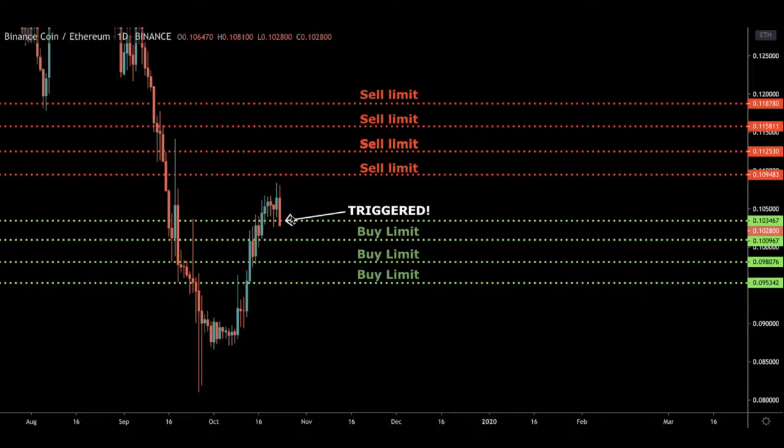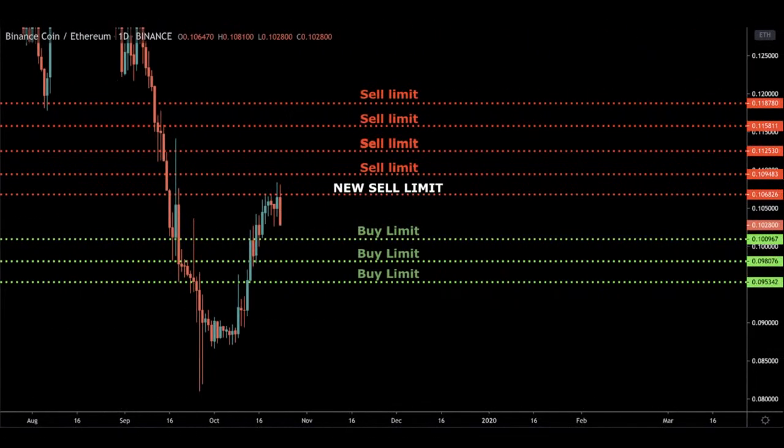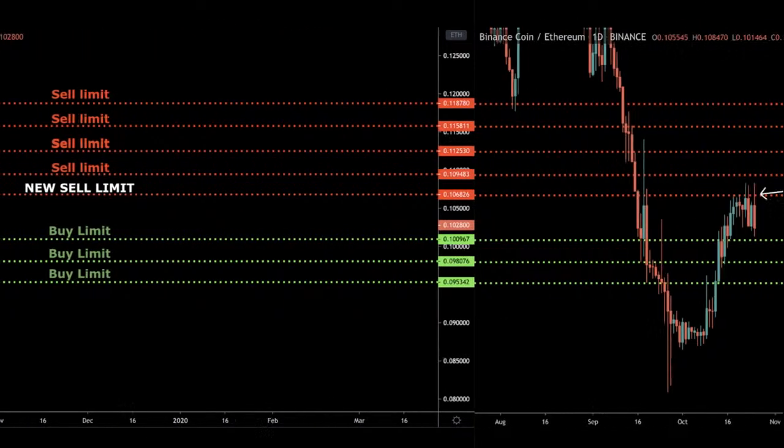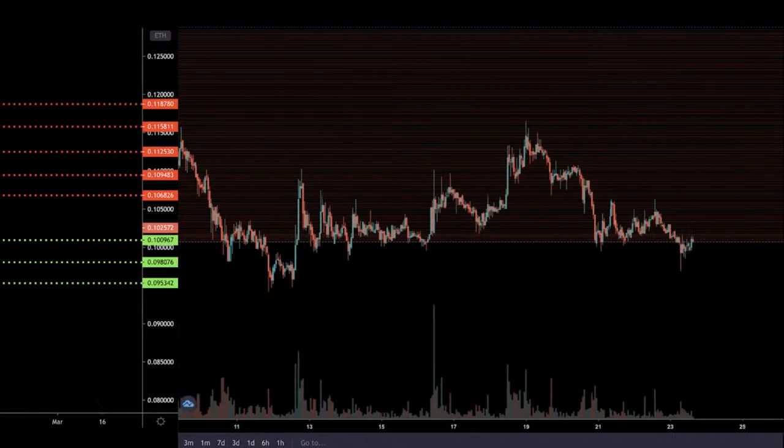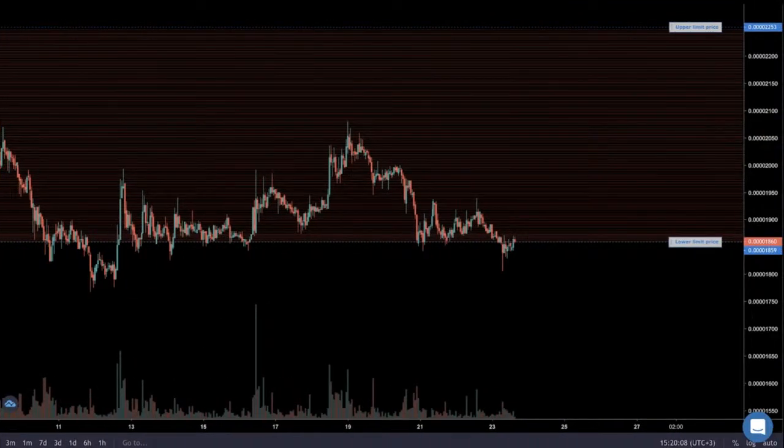Later the price again moved downwards and triggered the buy limit order, and the system will automatically set a new sell limit order. Again, the price moved upwards, it triggered the sell limit order, and guess what? Yes, it will place a new buy limit order. So as simple as that.